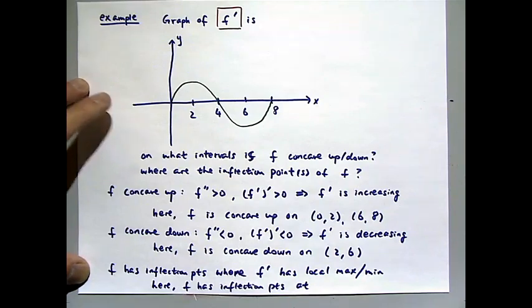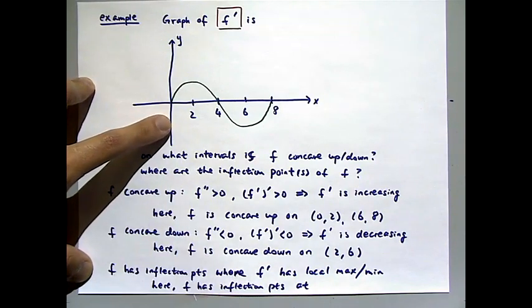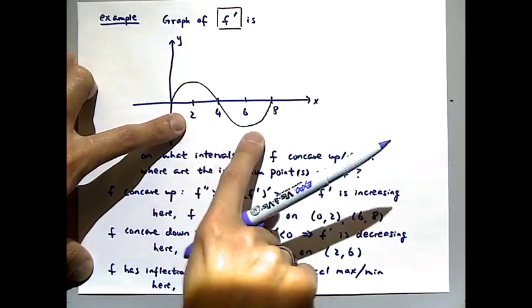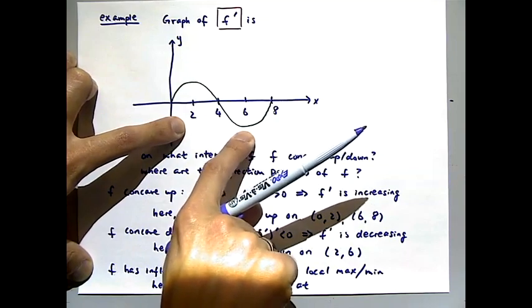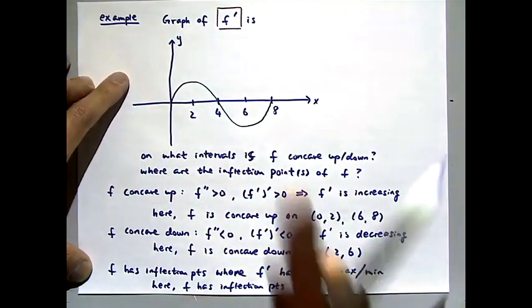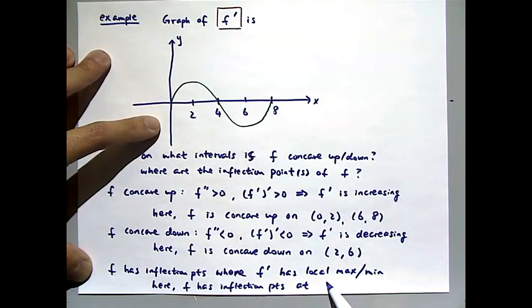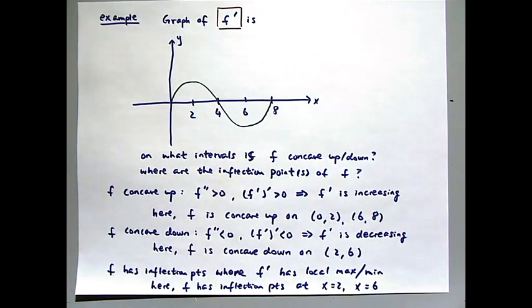So here you simply look at where the local max and min for the derivative are, 2 and 6. Those will correspond to the inflection points of the function that gave us that derivative. So here f will have inflection points at x equals 2 and x equals 6. Any question on this one?